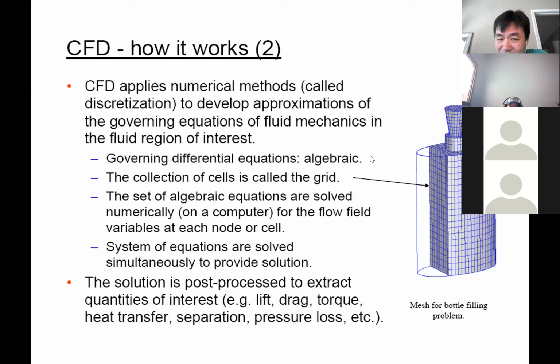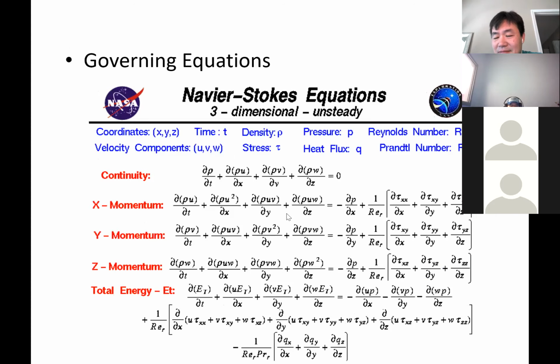So that's how the process works. It calculates the values on those grid points. Between every adjacent pair of grid points, the relationship between the values, for example the velocities of two adjacent points, should satisfy the governing equations here.